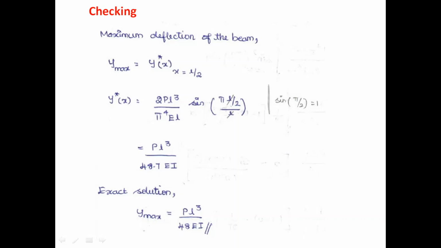So finally you will get the expression PL cube by EI, with pi power 4 divided by 2 giving you 48.7. Comparing with the exact solution, PL cube by 48 EI.